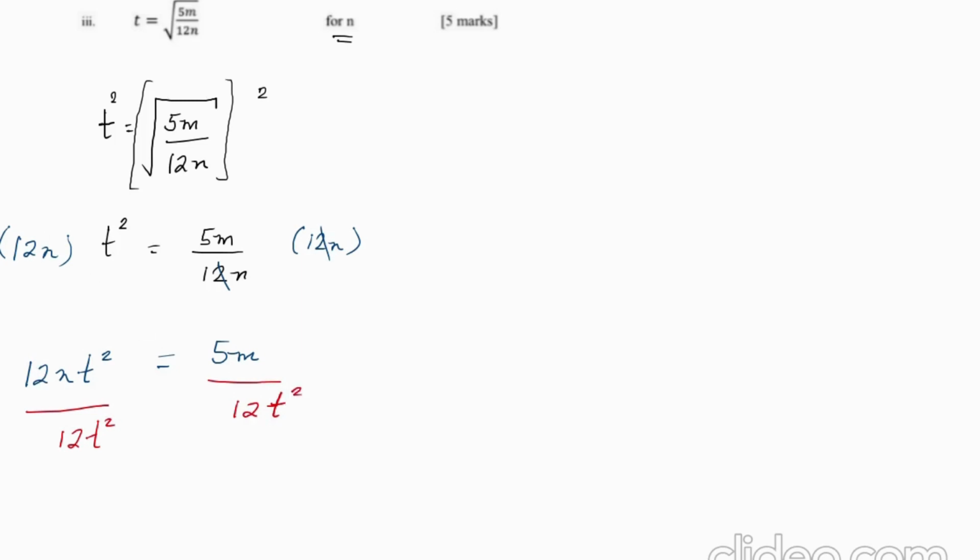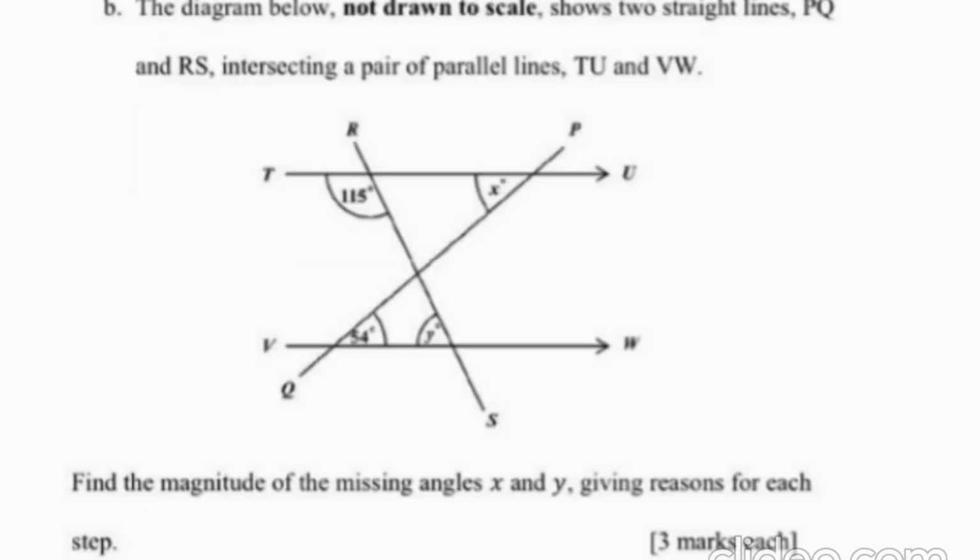So when I'm done, this is gone. This is gone. And lo and behold, I'm left with just n is equal to 5m divided by 12 t squared. Okay? And that's it. That's number 3.